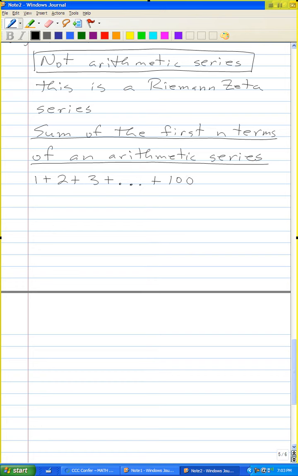And so he decided to put a problem up on the board that would take them forever to do. He said, add up the following numbers: 1 plus 2 plus 3 plus dot dot dot, all the way up to 100. He's expecting that it'll take them at least the whole day, and he'll be able to sit there and not be bothered by these children.